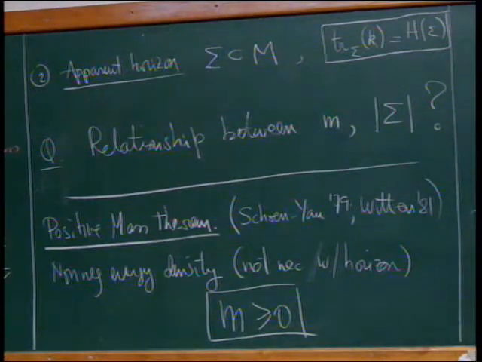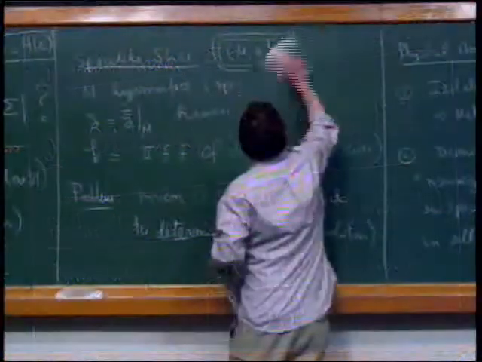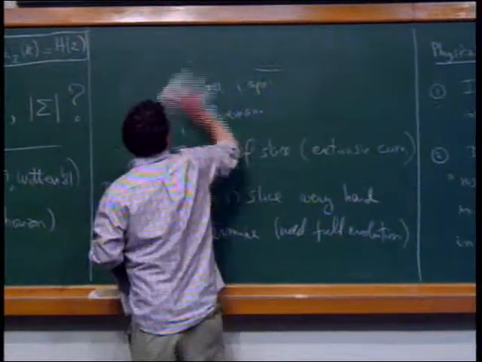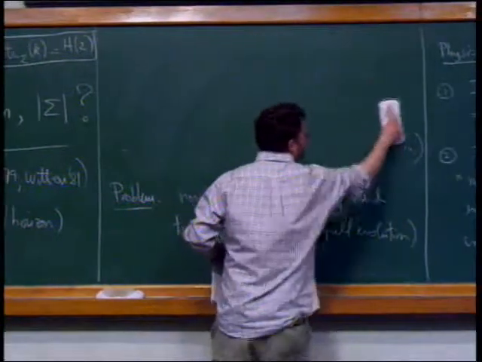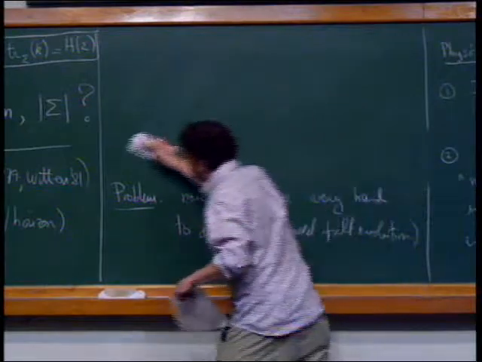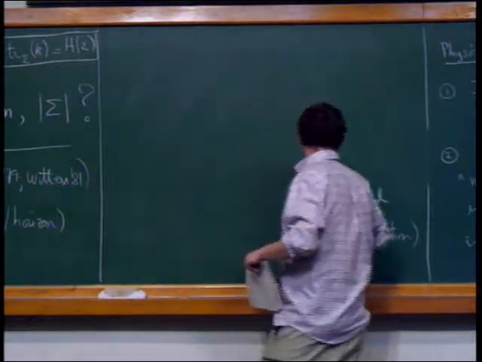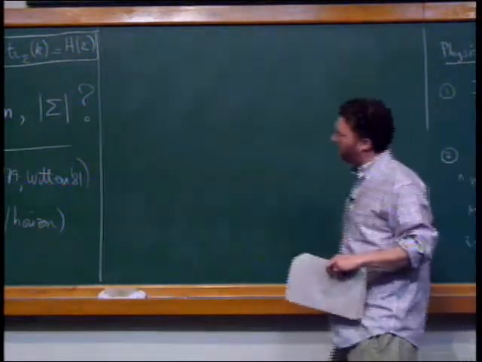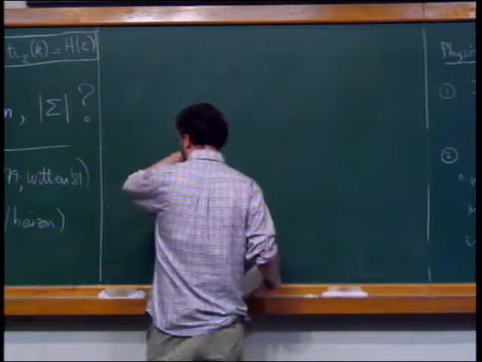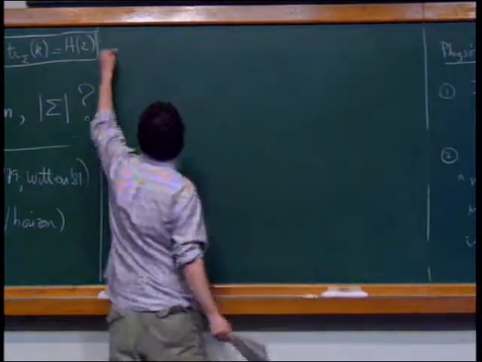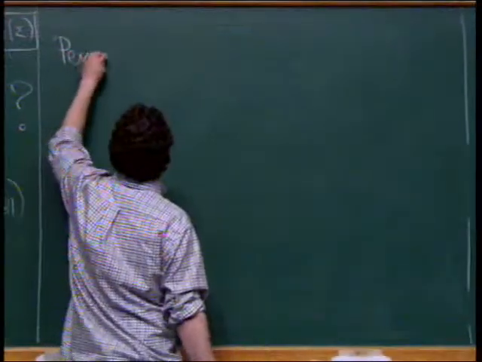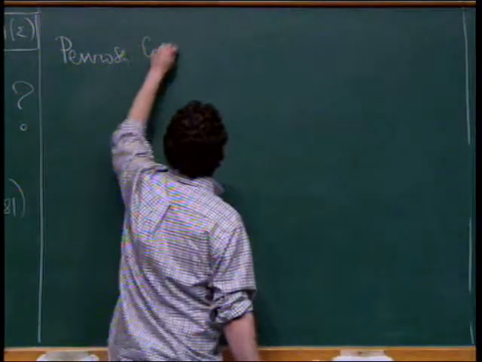Okay, it's not easy. I'm going to be more specific about the actual statement in a second when we reduce it to an important special case. But in this general setting, this is what's known, and there are some dimensional issues which I'll address in a second. And then there's the famous Penrose conjecture, which is what I'll be talking about.